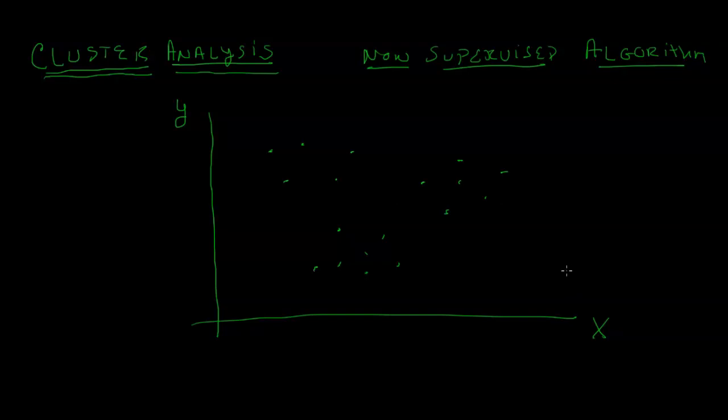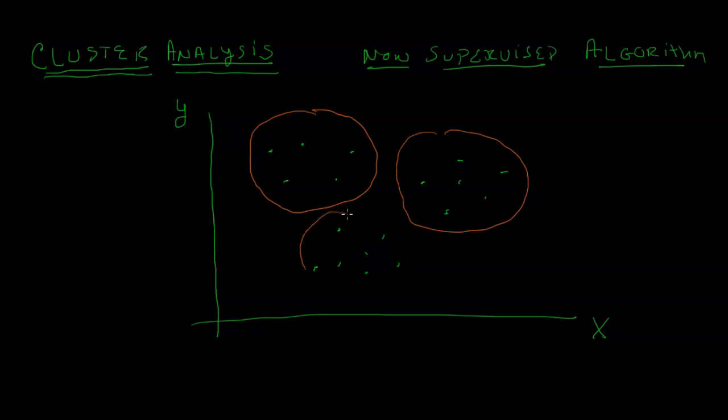So what we do here is we want to try to break this into groups, maybe we'll make a group here, we'll make a group here, and we'll make a group here, and we want to do this in such a way that we can measure these, and we're going to do two types of measures. One is called an intra-cluster measure, and the other is going to be called an inter-cluster measure.